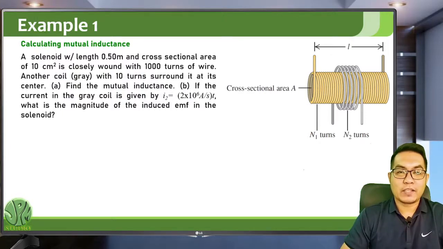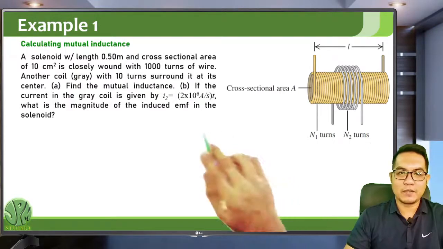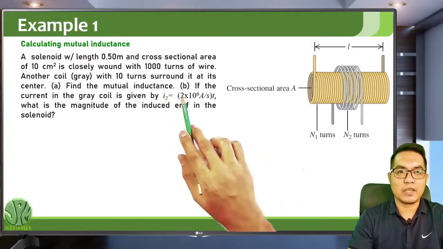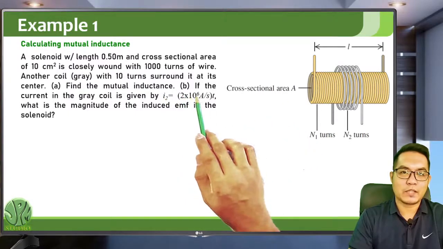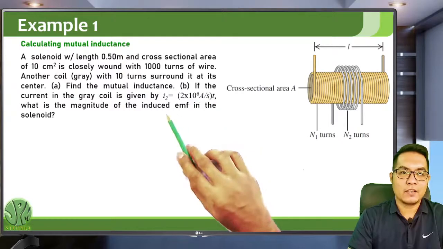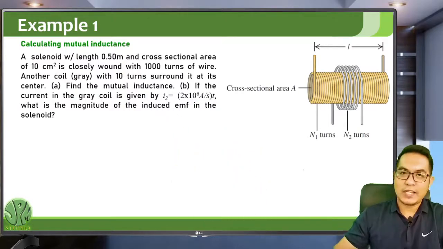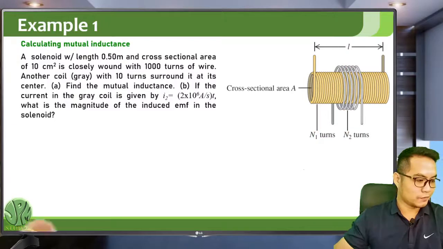You are asked to find the mutual inductance, and the current in the gray coil is given by this one. The gray coil is coil number 2 and the yellow coil is coil number 1. So dI2/dt is 2 times 10 to the 6 amperes per second. What is the magnitude of the induced EMF in the solenoid, the yellow coil?